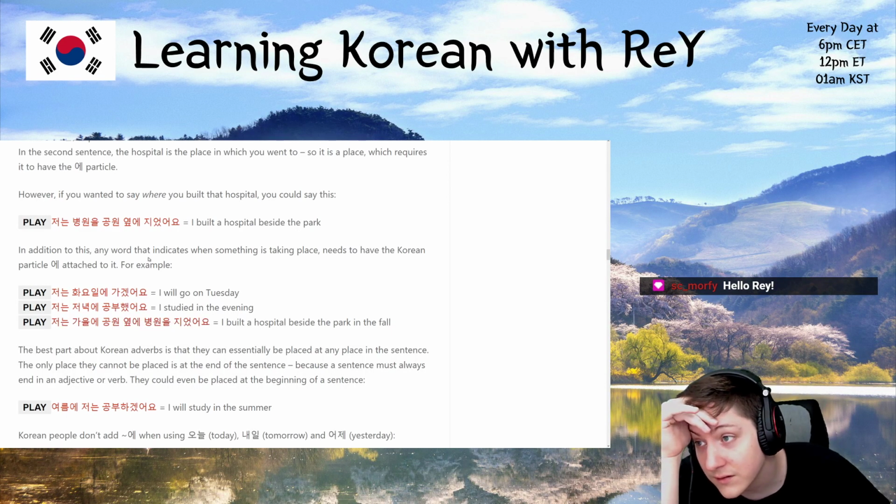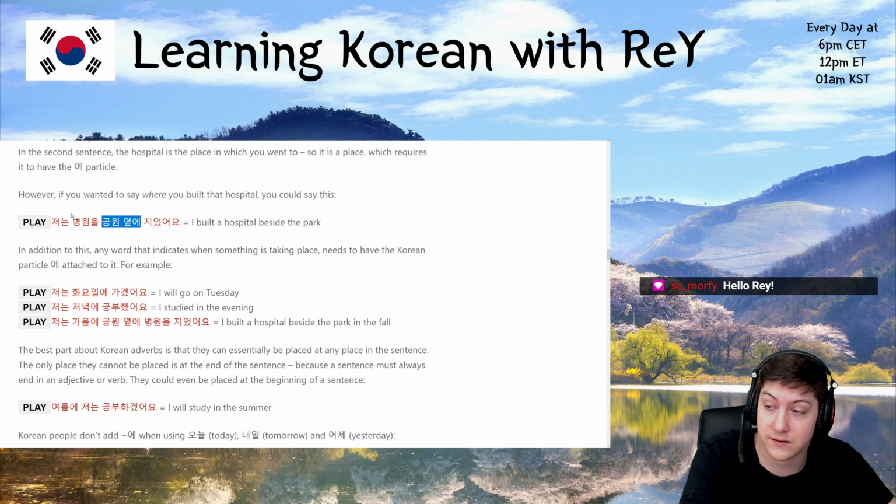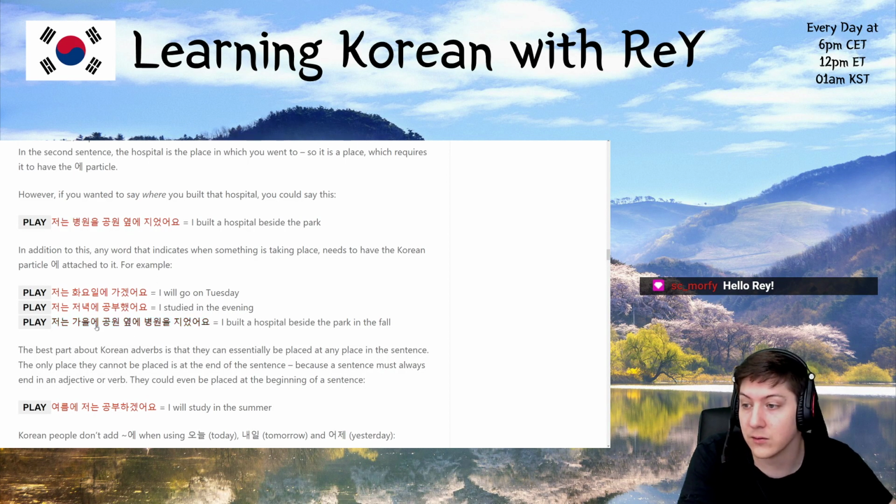Look at this. Here we have park and beside after the hospital object. And here we have park and beside with a particle before the hospital object. So you can place it at any place you want, or what?